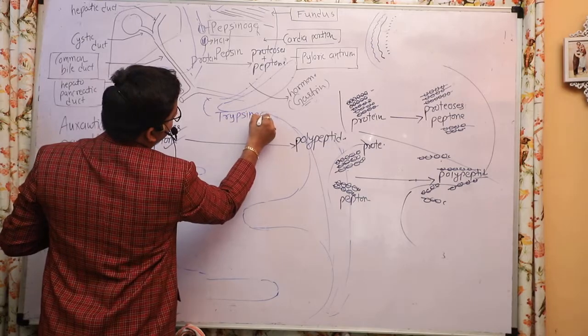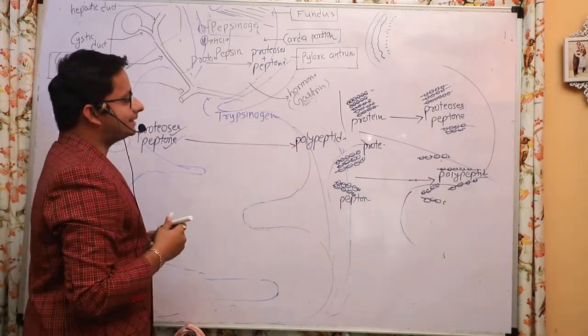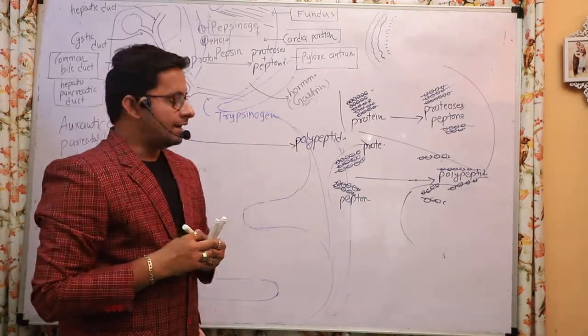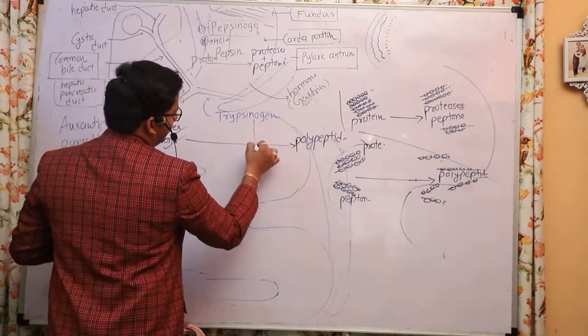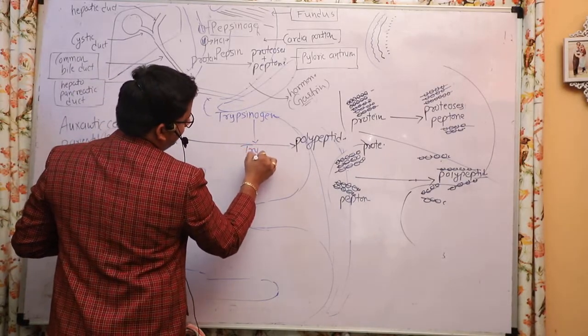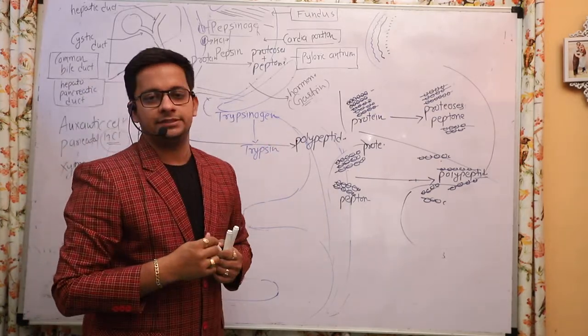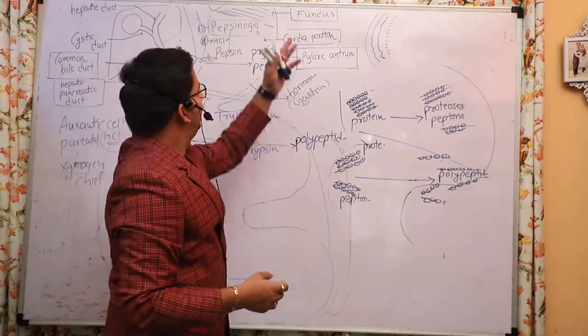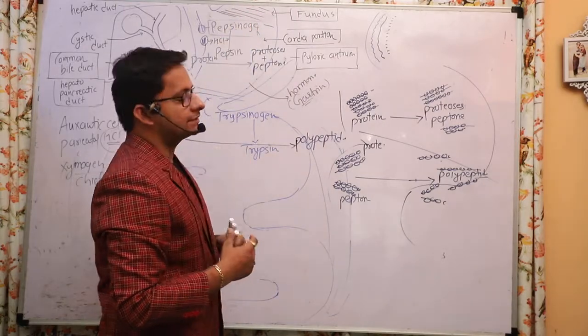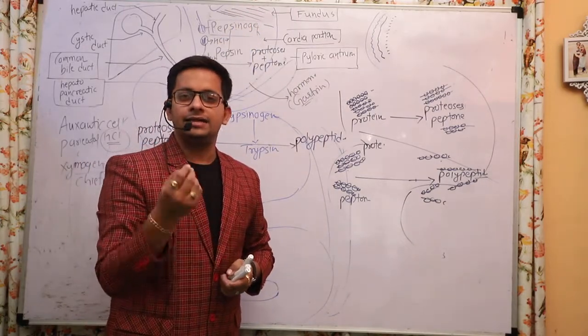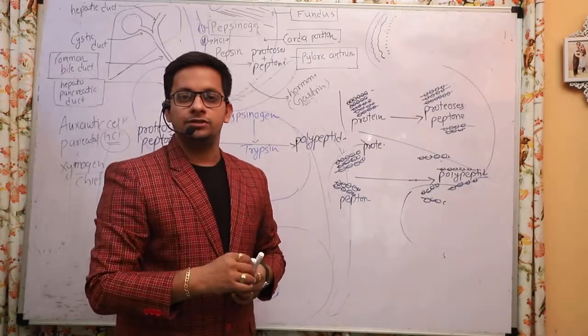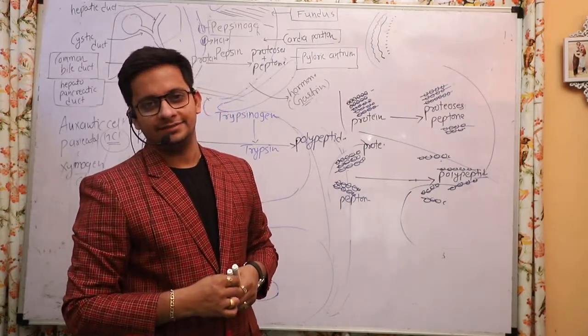Trypsinogen is the inactive enzyme, and it will be activated into trypsin. Likewise, pepsinogen was converted into pepsin. In the same way, trypsinogen will convert into trypsin.